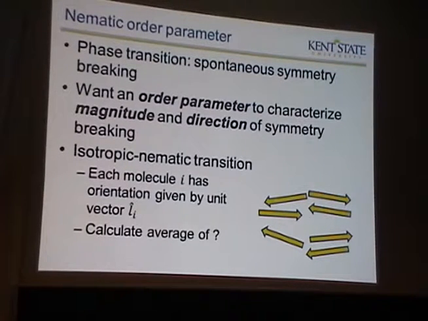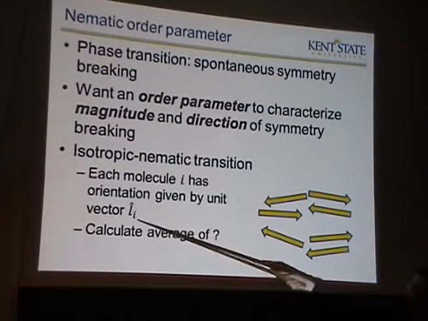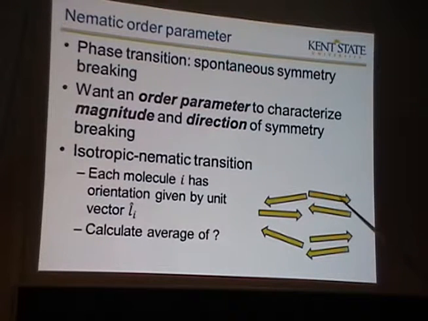So, let's go back to looking at my little cartoon where there are a whole bunch of arrows which represent the orientation of a whole bunch of molecules. Each of them is represented by some unit vector, let's call it a unit vector l_i for molecule number i.